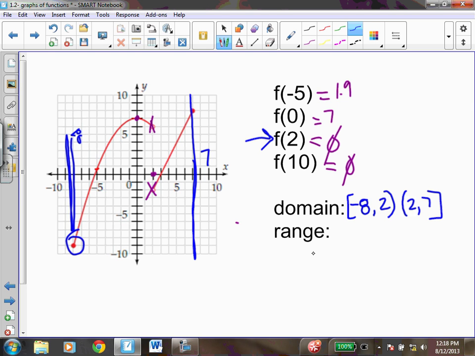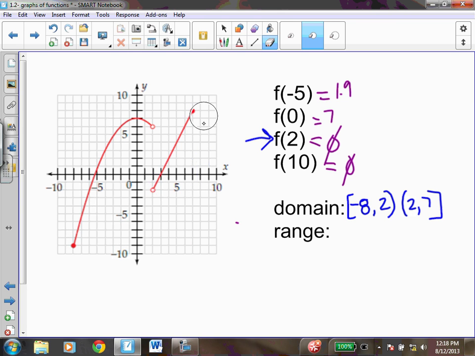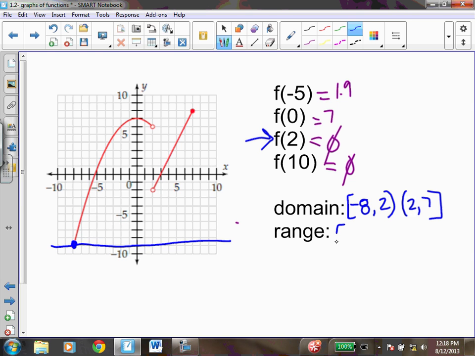Let's look at the range. Now, range is the only time we're going to look at the y values. So I want to start with my smallest y value, which is -9, and it's included. So I know I'm going to start there. I'm going to continue up, following my function. I'm looking for holes in my graph.